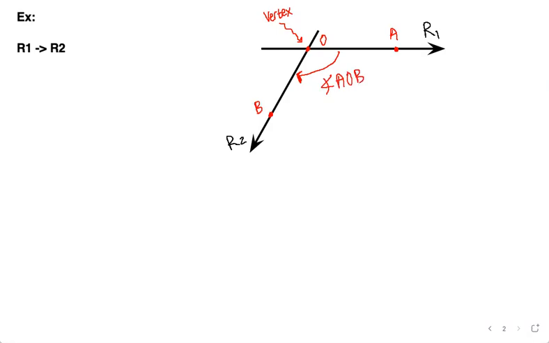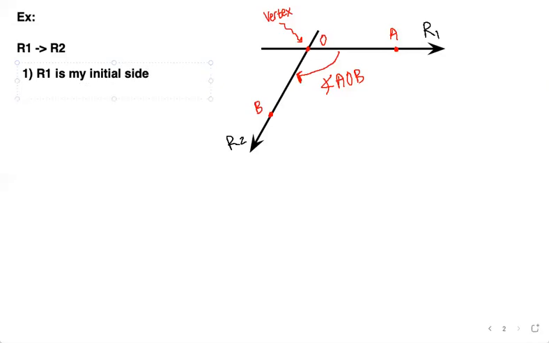So my question now: what's my initial side? Is it R1 or R2? This is the first question. R1, exactly. Why? Because we start measuring the angle from R1. So R1 is my initial side.